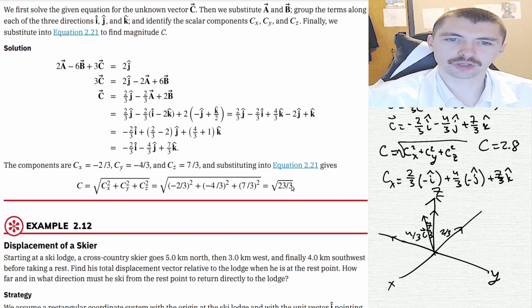Doing good. 4 plus 16 plus 49 over 9, that's 24/3, which is 8. So that's asking for the square root of 8. The square root of 9 is 3, so yeah, 2.8.